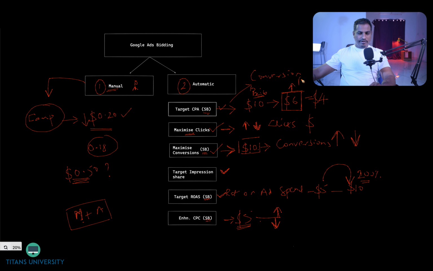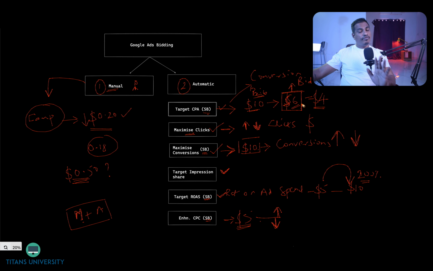Now, in your mind, you're thinking that if I'm spending $6 per conversion, I'm not talking about clicks, I'm talking about conversions, which means for a sale to happen on your website, Google is charging you $6. What is the price of your product? It's $10. So, what is the profit margin that you're left with? $4. Based upon this thought process, you said, fine, this works for me. $6 is my target CPA.